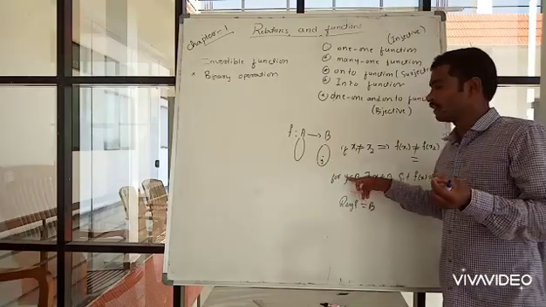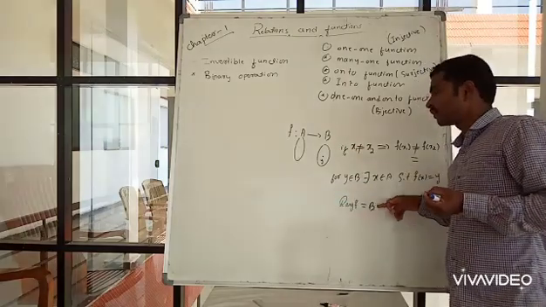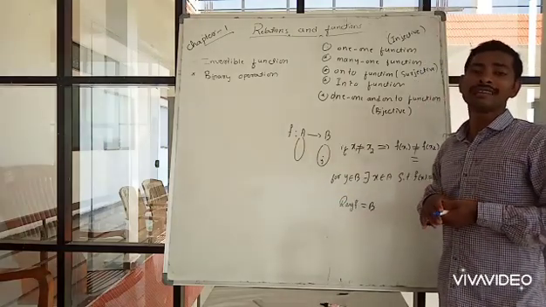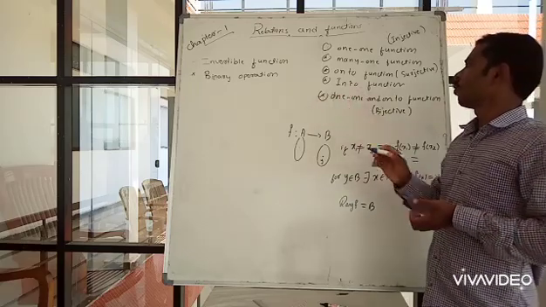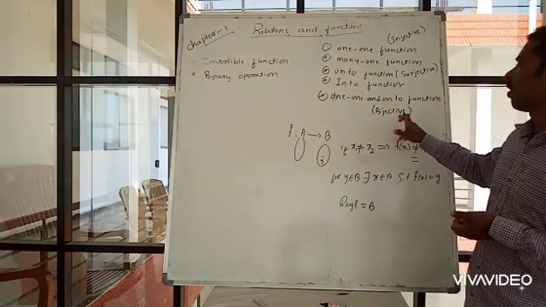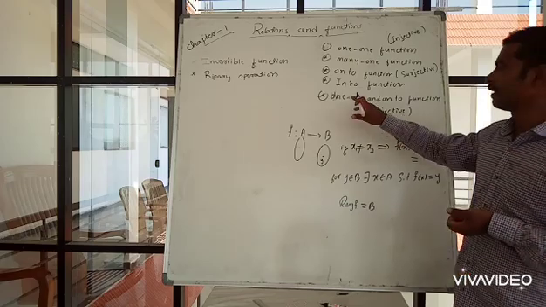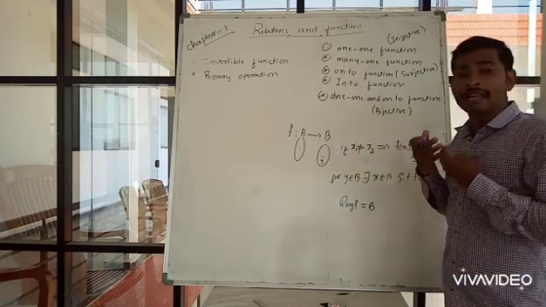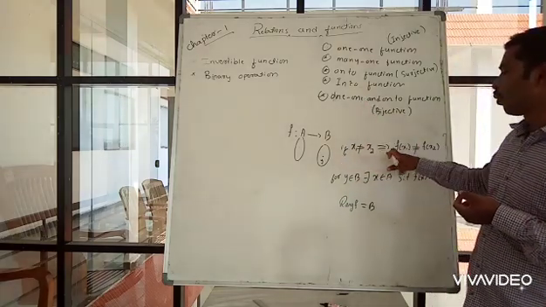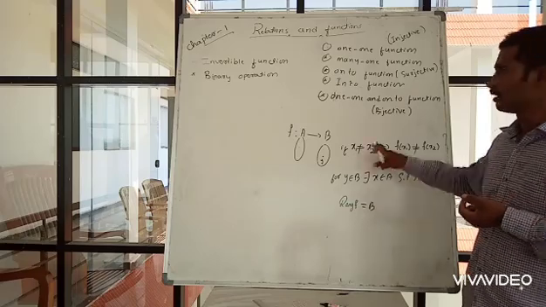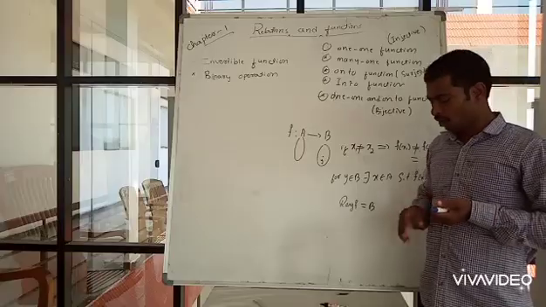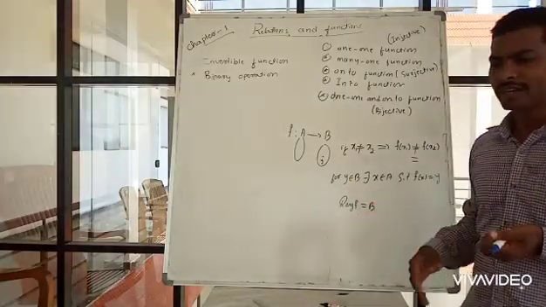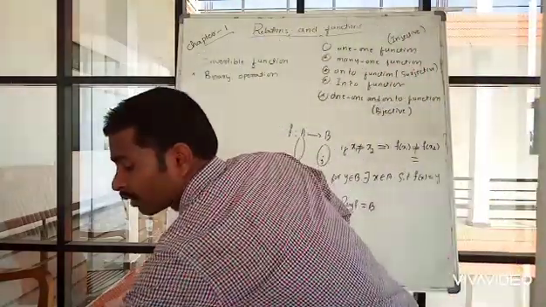If the range set is equal to the codomain, then that function is called an onto function. Lastly, a one-one and onto function is a bijective function: any function that satisfies both one-one and onto conditions is called bijective.